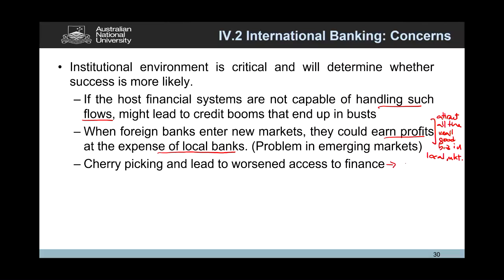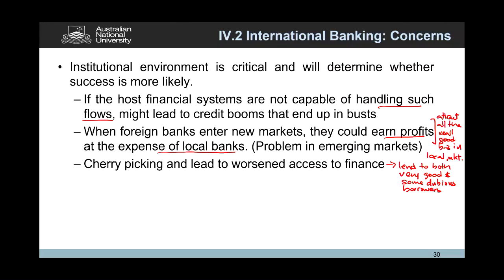Because what you want is to be able to lend to both the very good and some dubious borrowers. You are sure that you're going to get your money back.